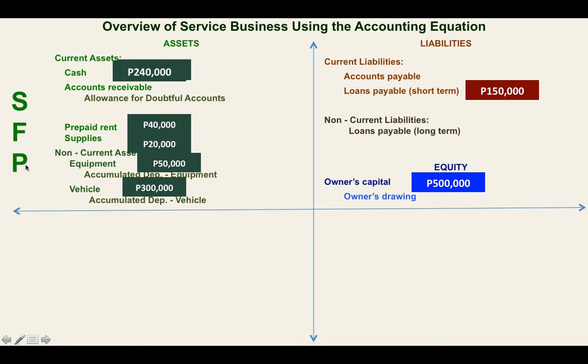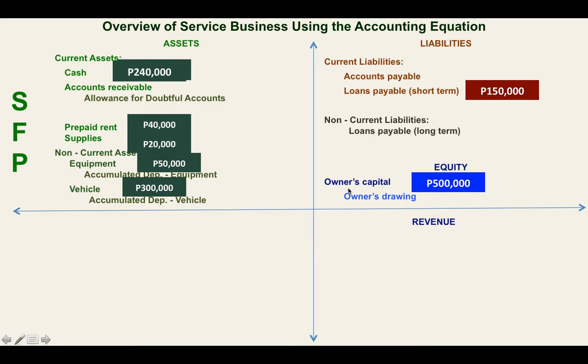So for your research, if you are asked to start up a business, you can prepare the initial statement of financial position. Okay, class? And then now we can start doing the business.